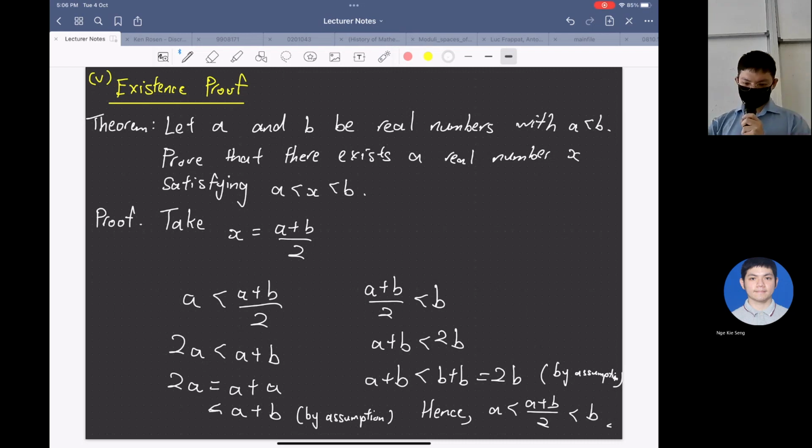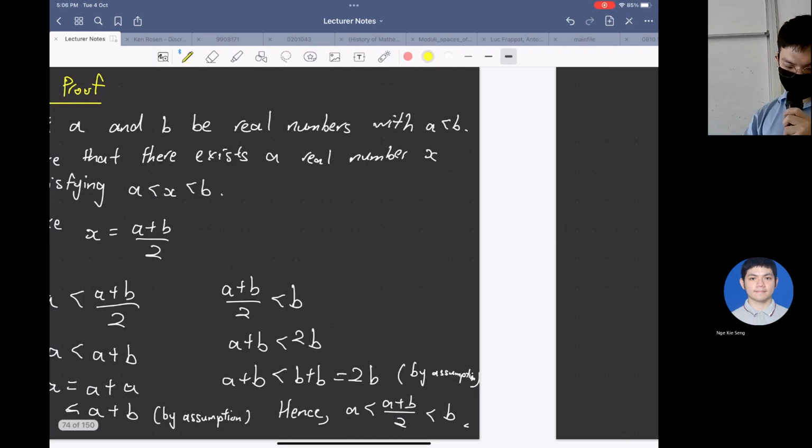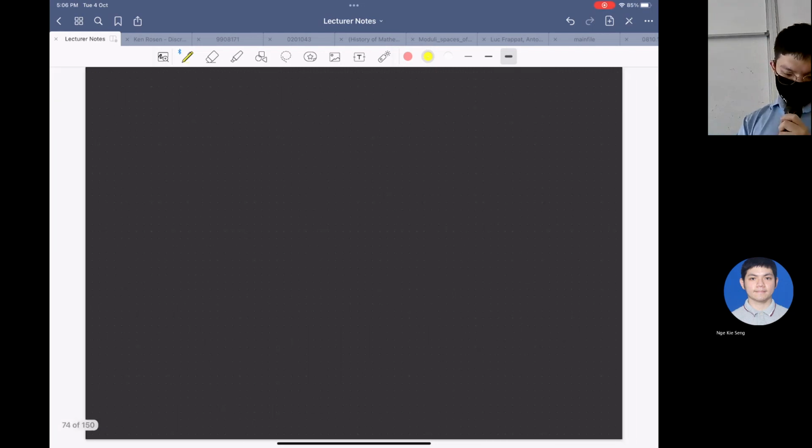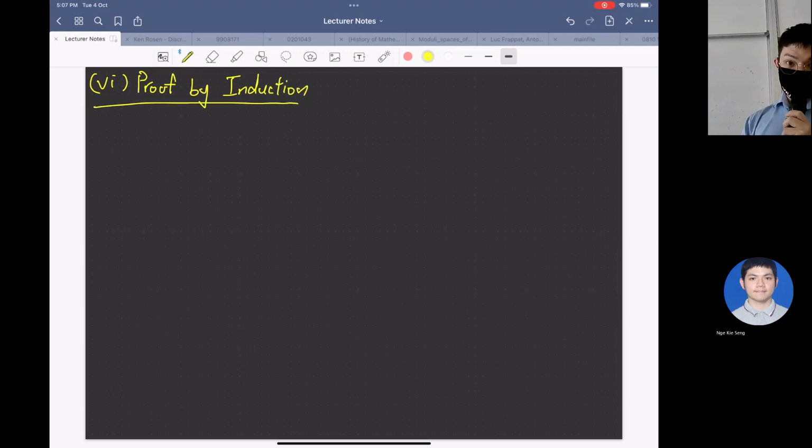So the sixth one is the induction proof, and it is very important for you. If you want to check whether your code is working, you don't need to run it. You just write this proof down. If this proof works, then your code will have no problem.